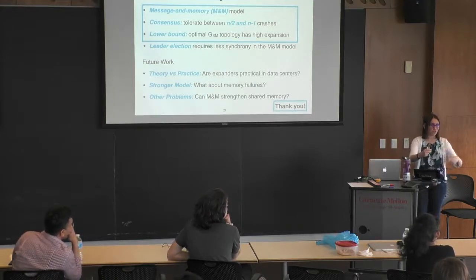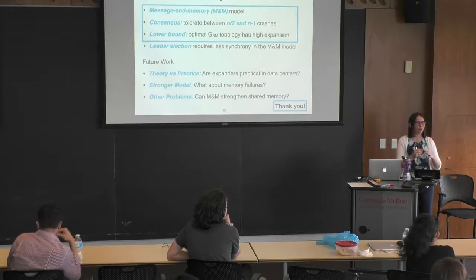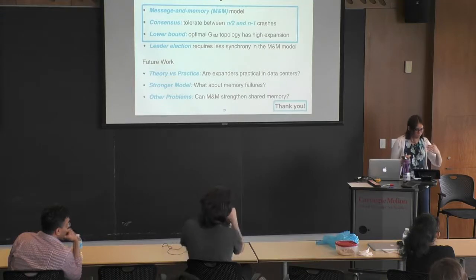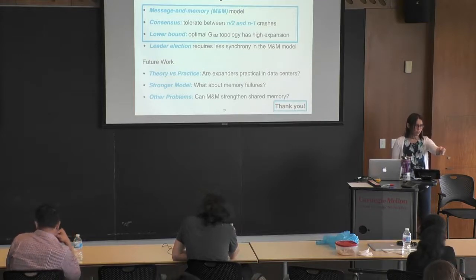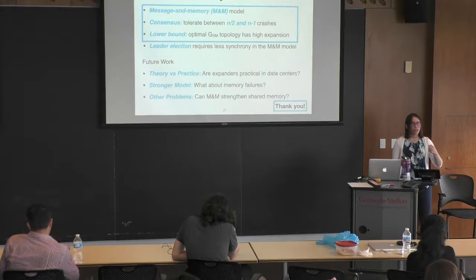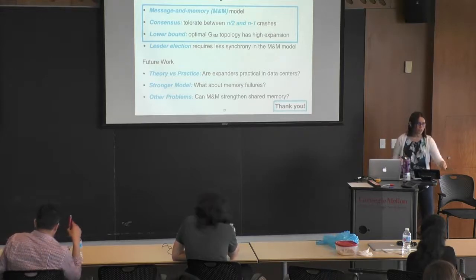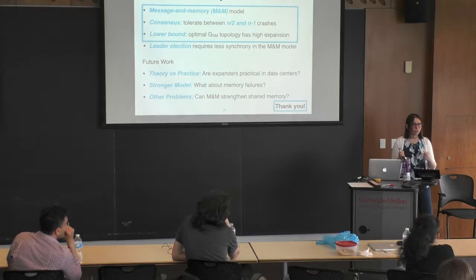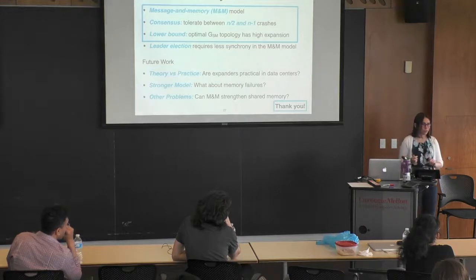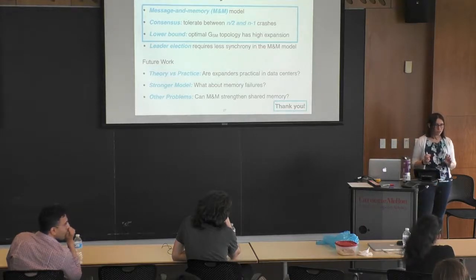So when I send many messages on the same link, the recipient will receive them in order. But the work that I do ends when I release my message on the link, and I don't know how long it takes for the message to travel across the link and get to your buffer. Whereas in shared memory, I walk across the link myself and write my message on your memory in a place where you can access it later. So the work that I do encompasses making sure that once I'm done, you can access my information. Does that answer your question?